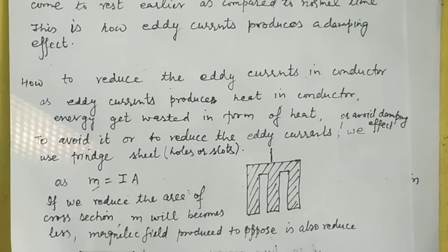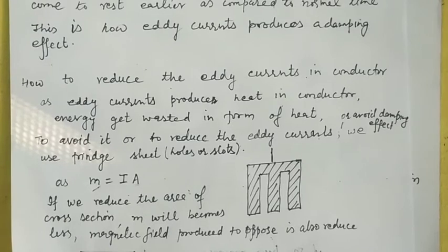Next is how to reduce the eddy currents in a conductor. As we know, eddy currents produce a damping effect, and cores are used in the transformer, and eddy currents are also produced in the cores, which is undesirable because they produce a heating effect and dissipate energy.